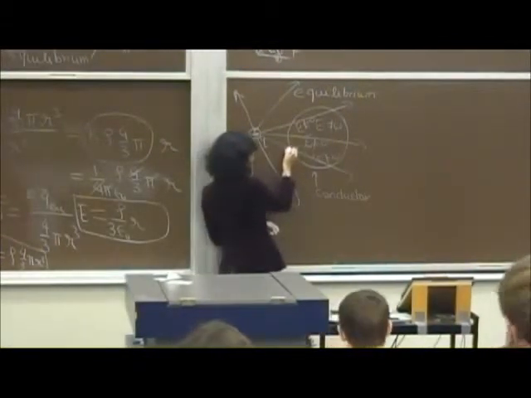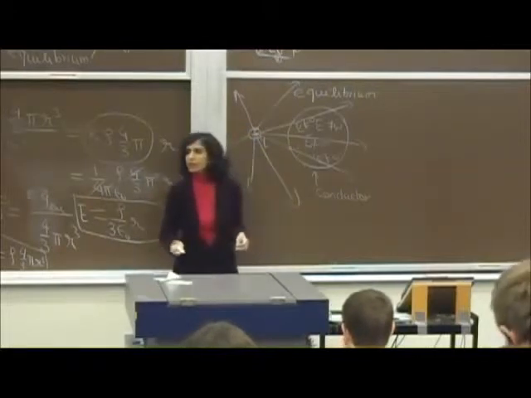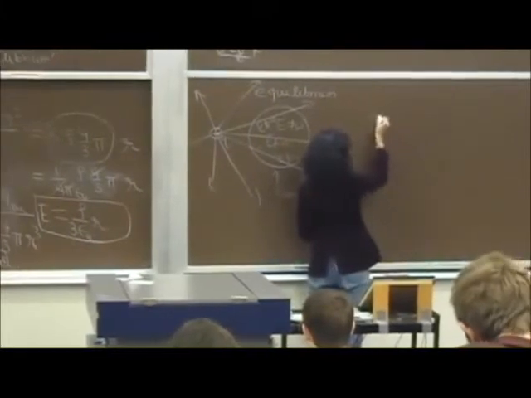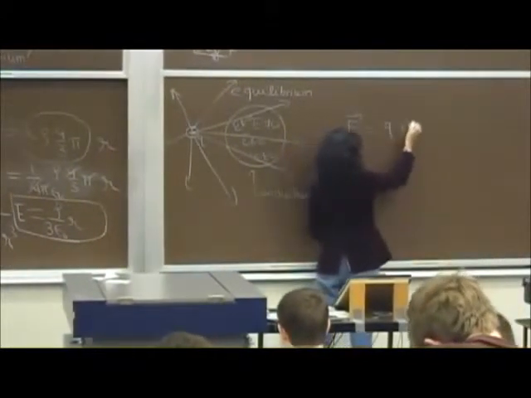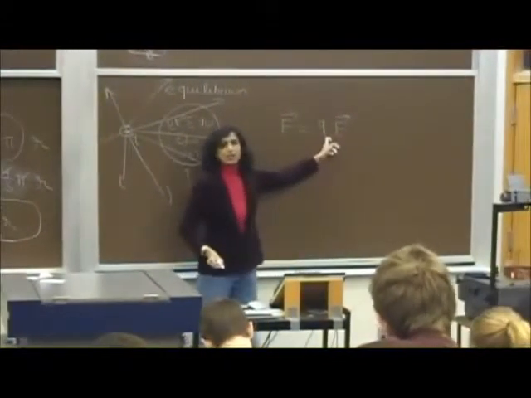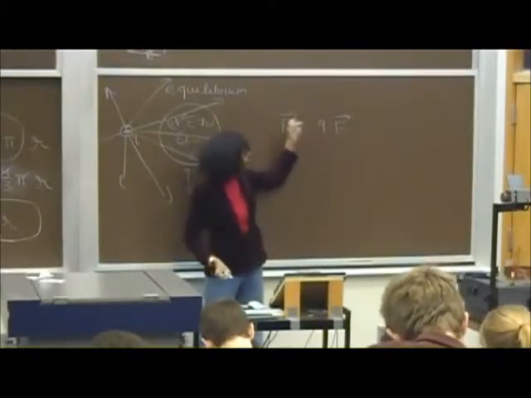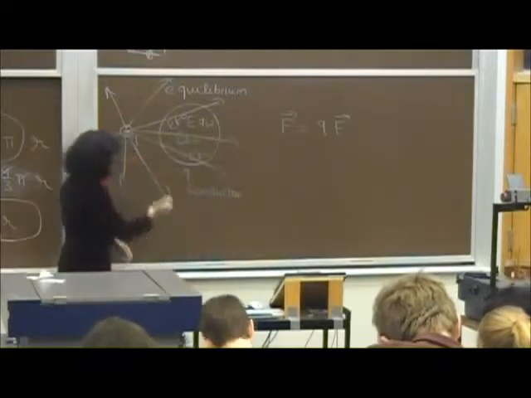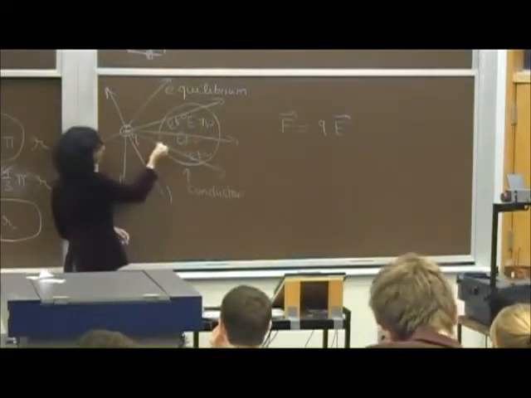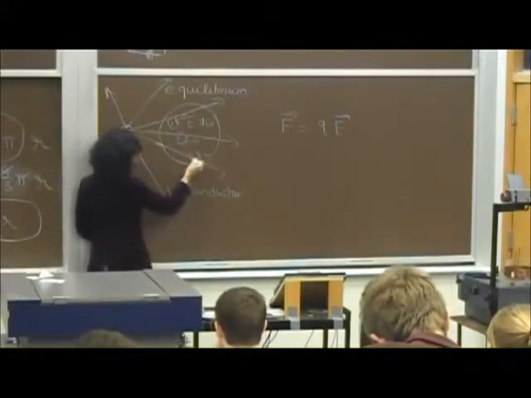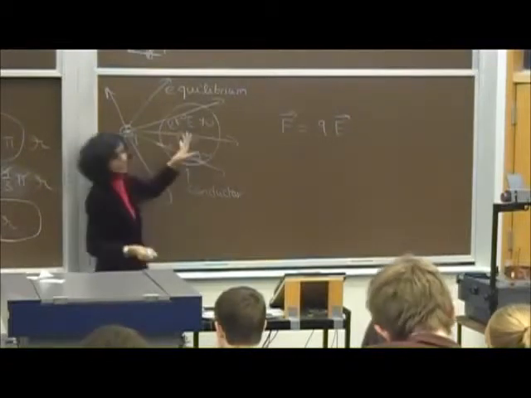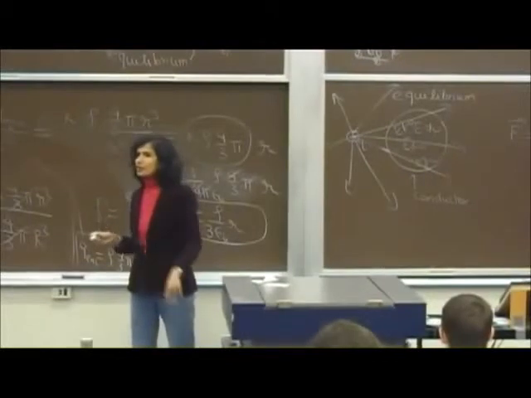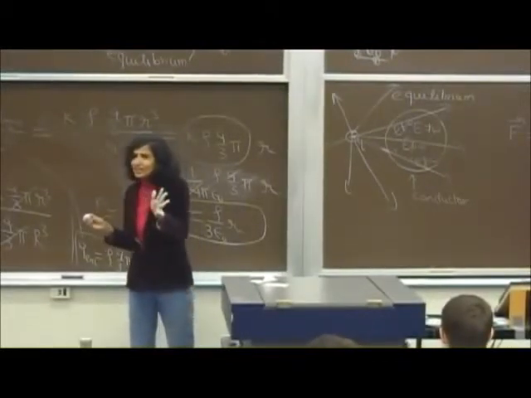Suppose there's some free electron here. Which way will the free electron feel a force? Do you remember F is equal to qE? Since the electron is negatively charged, it's going to feel a force opposite to the direction of the electric field, right? So a free electron here will start feeling a force in the opposite direction, a free electron here will start feeling a force in the opposite direction, etc. You can see, and soon free electrons will rearrange. Do you remember what the configuration roughly will look like?